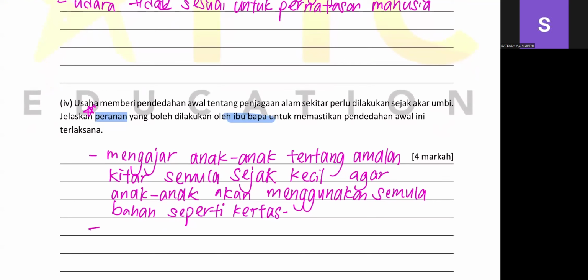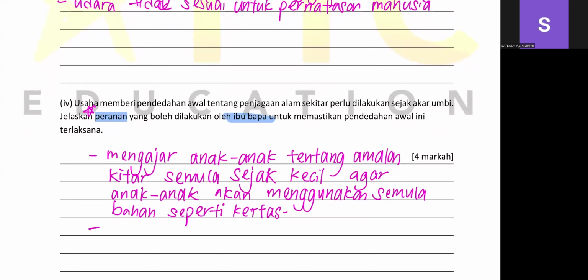Okay, what else? Other than teaching them how to recycle and all these. Okay, you will see some parents outside in the housing area, right? They have those taman mini to cultivate their kids to menanam.